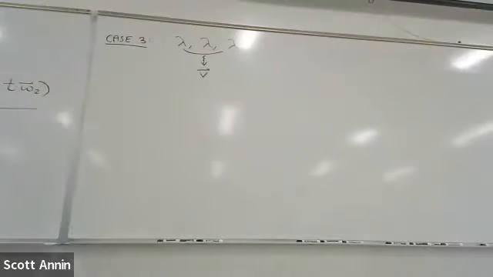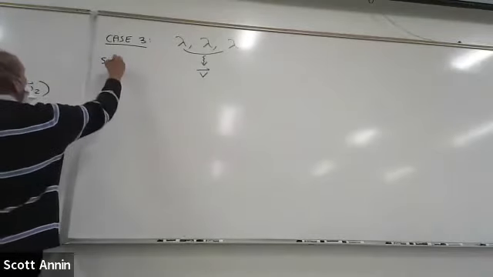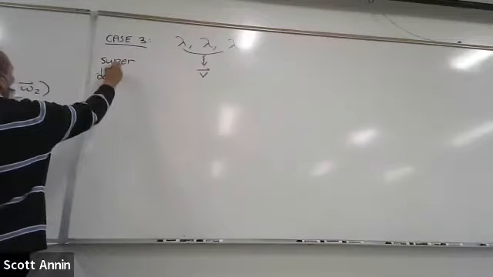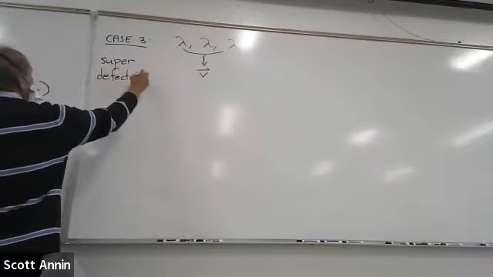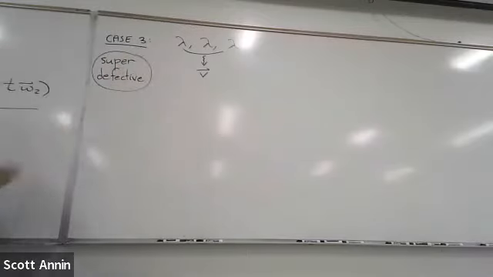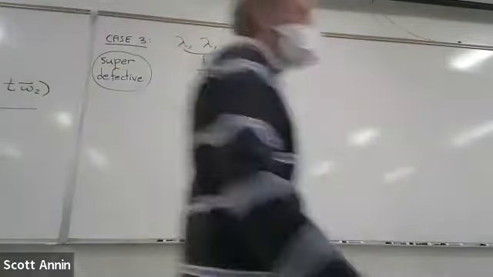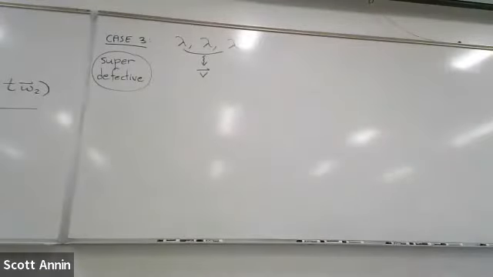I'm going to call that v. So this is what we are going to call the super defective case. It's because the lambda really fails to pull its weight. It's really coming up short.